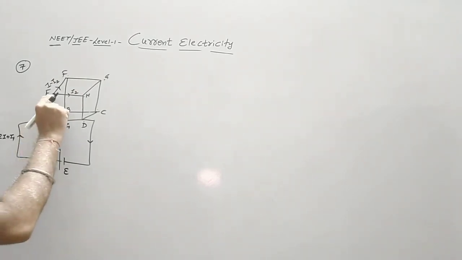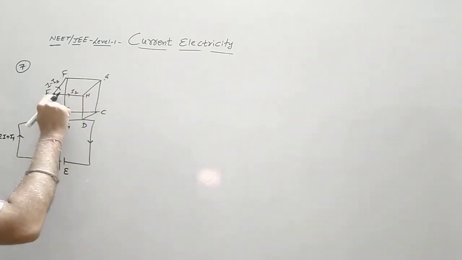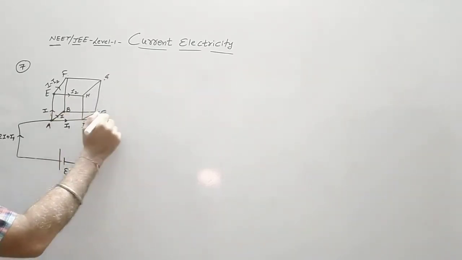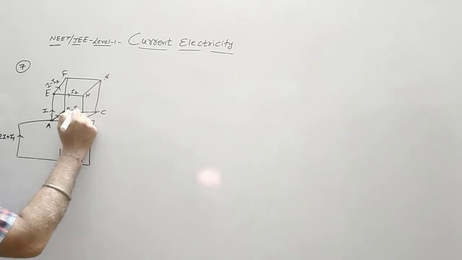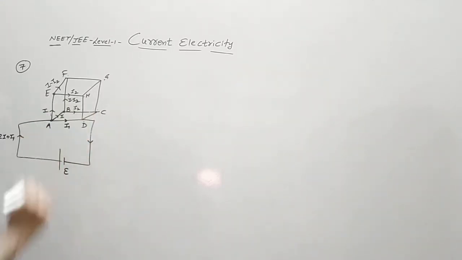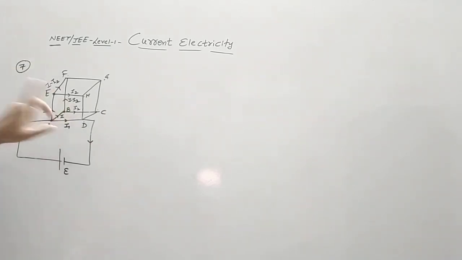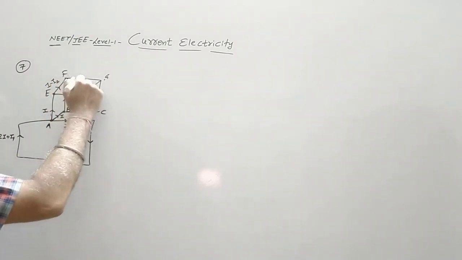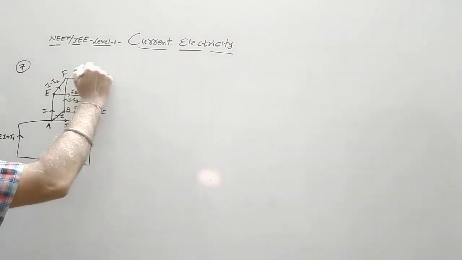Since we have taken I2 for the two wires, that is EH and HD, similarly at B, for BC and CD, we take a current I2. So this becomes I minus I2. So I minus I2 is for three wires and I2 is for two wires. Now I minus I2 from both sides meet at junction F, so it becomes 2 times I minus I2.